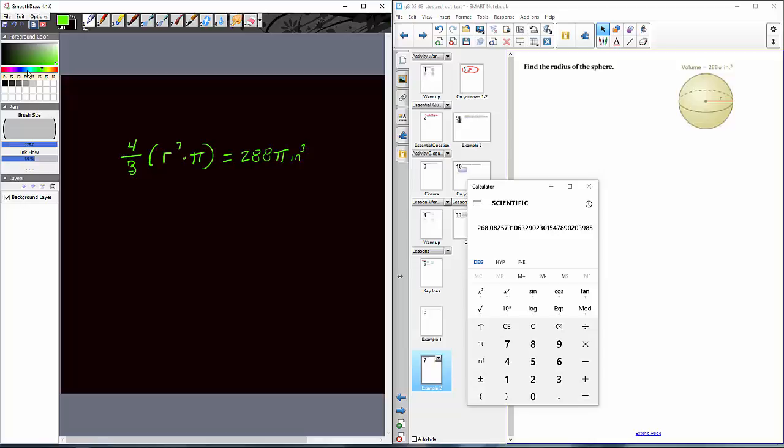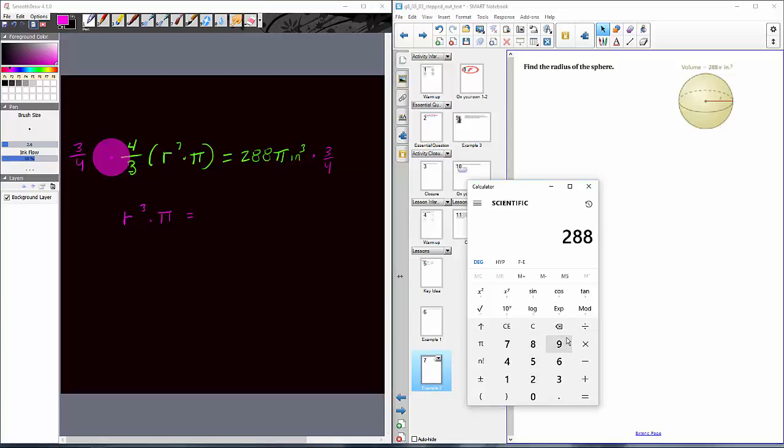And I want to get rid of this 4/3 on the left side, so I just do the algebraic multiplicative inverse, which equals 3/4. Do it on both sides, times 3/4. And if I do that, I'm going to have r cubed times pi equals, now I'm going to take 288 times 3 divided by 4. I have 216.